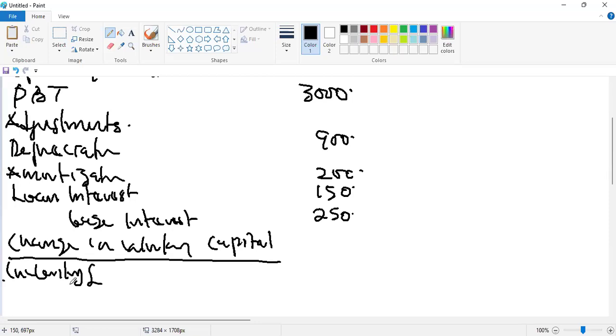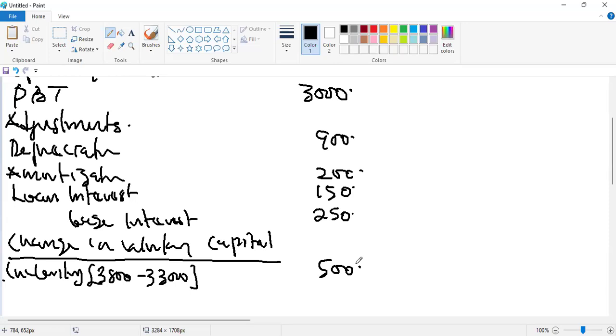We'll go and check. 38. At the end is 33. Inflow, 38 minus 33. A decrease in current assets is a cash inflow.